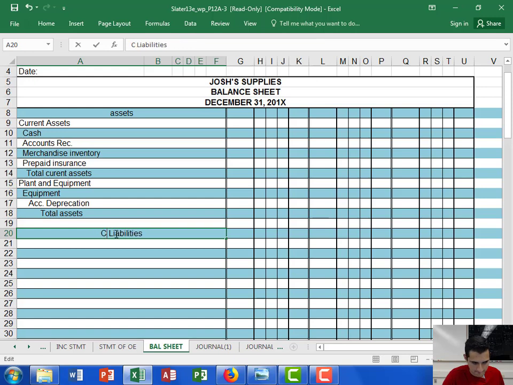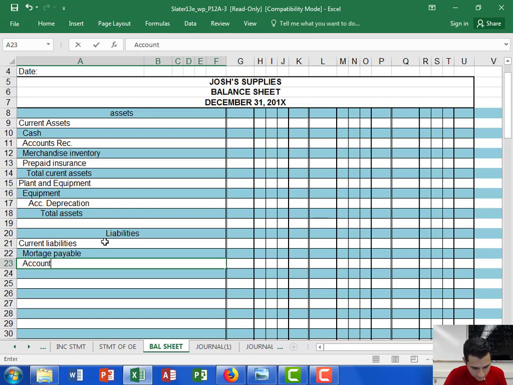These will be liabilities. Then this one will be current liabilities. So your mortgage payable. Remember, that's going to be that small amount, that $890 that will be placed there.